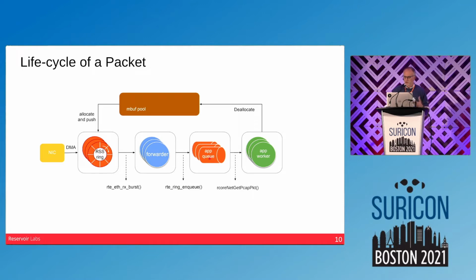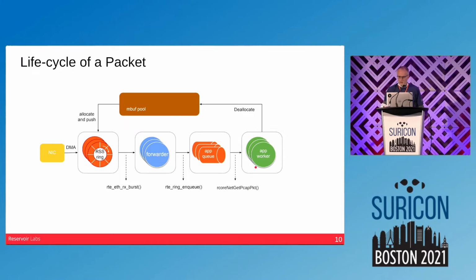These are implemented as part of RCore, and then when RCore exposes an API, the upper layer application, Suricata in this case, can invoke it. And this is RCoreNet get PCAP packet. It's very similar to a PCAP API, basically. And so this is where we interface with Suricata. So Suricata would call this function here to get packets.